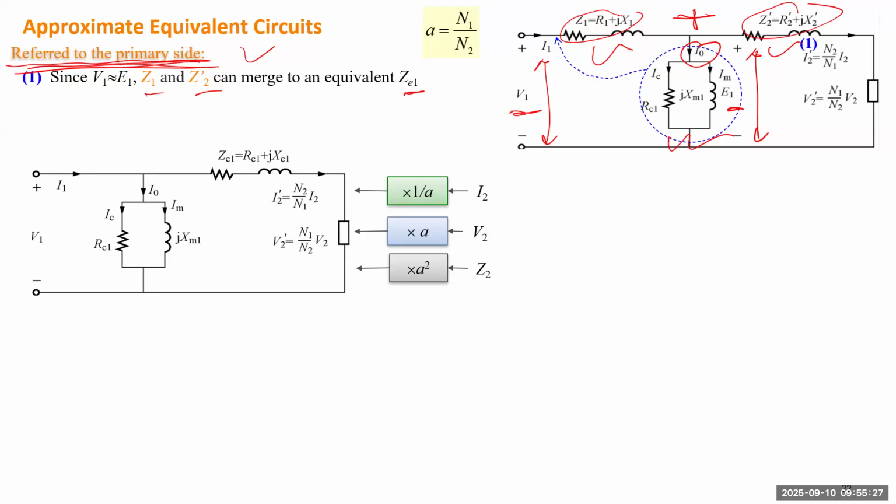On this circuit, everything is transformed from the secondary winding. Because this Z represents the total impedance, it's a sum of the impedance from the primary side and another from the secondary side. For the primary side, that will be the same, the original value. For the secondary side, that has to be transformed using this transformation.